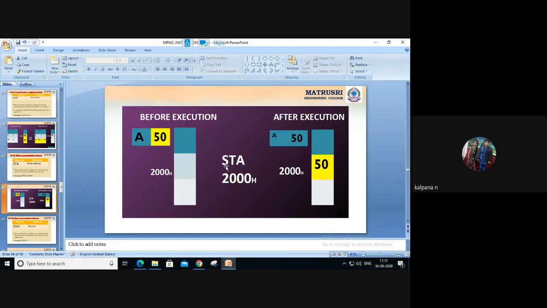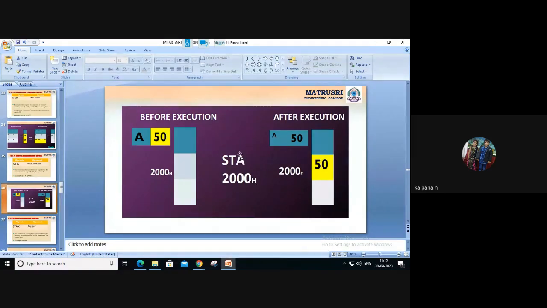Till now we have moved everything into A, right? Now from this instruction onwards, from A to register. A is consisting of what? 50.